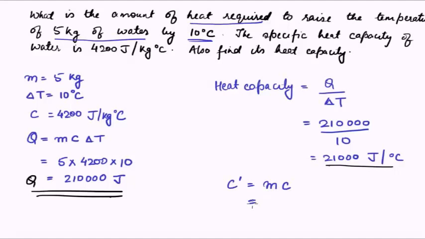Mass is 5 kilogram and specific heat capacity is 4200 joule per kilogram per degree Celsius, and that turns out to be exactly 21,000 joule per degree Celsius, which is the same as this. So these are two alternative ways: one is by using the total heat required, and one is by using just the relation between specific heat capacity and heat capacity.